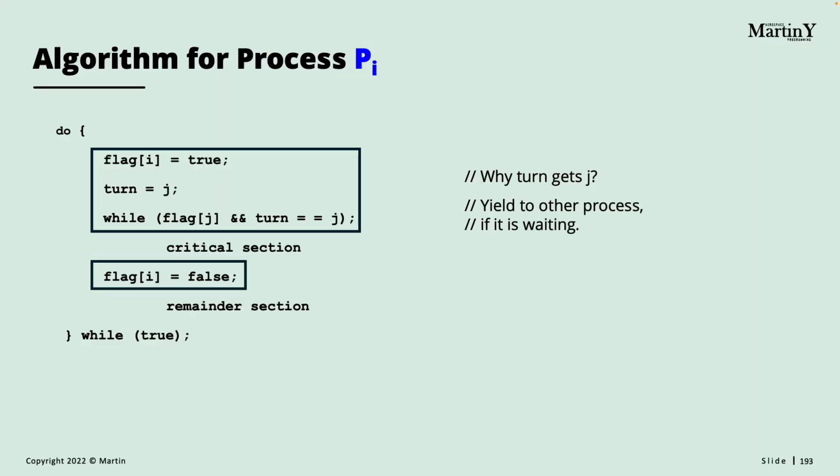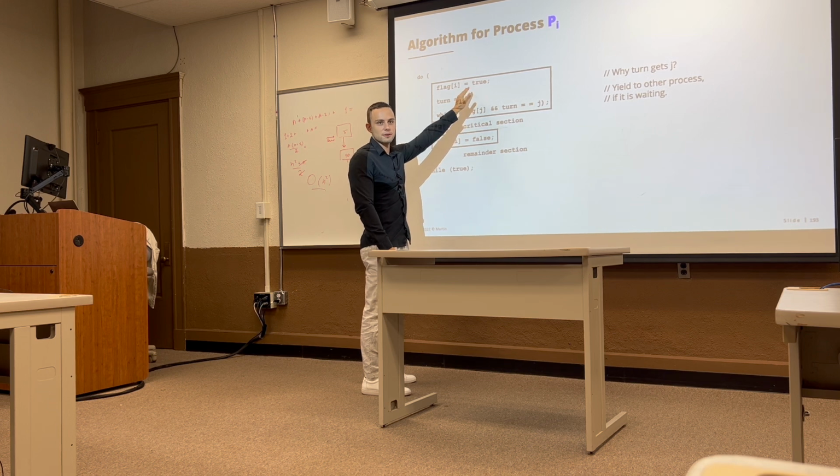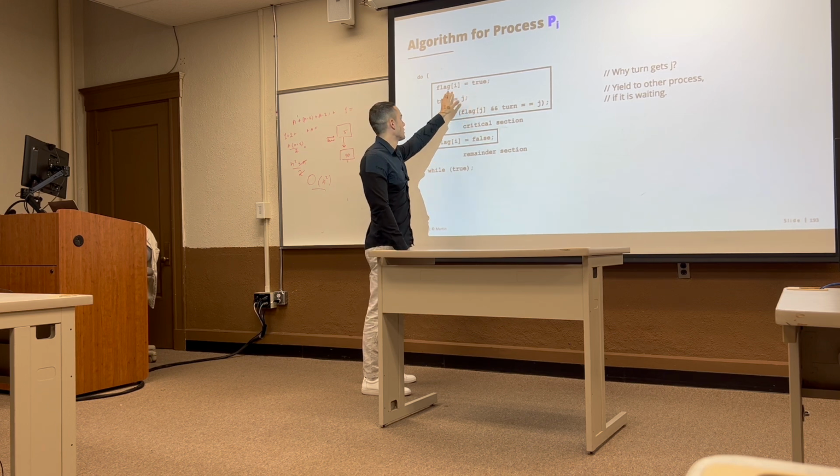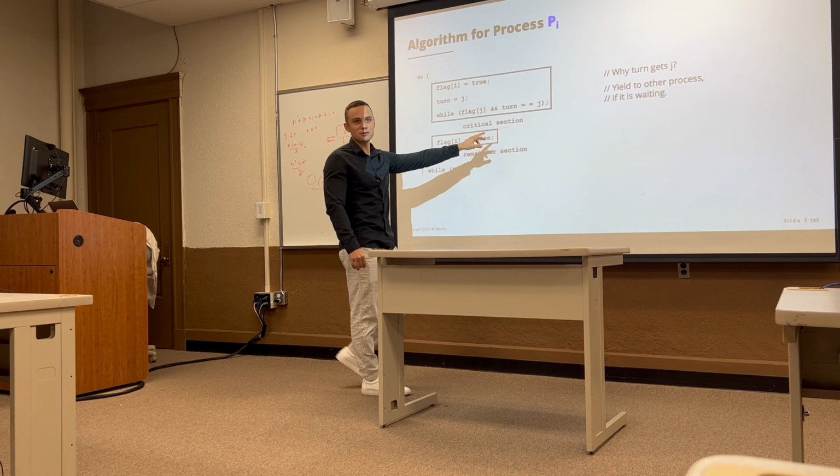If it is not j's turn, this means it is I's turn, right? I already set the flag to ready, correct? So now we have that I set the flag to ready, and also it is I's turn because it's no longer j's turn. So then I goes into the critical section.